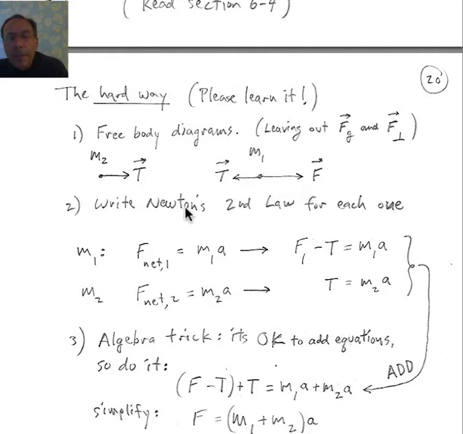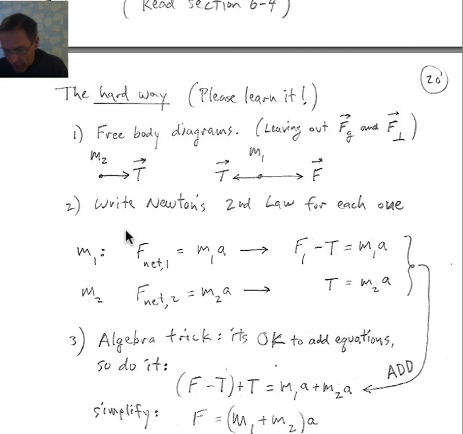All right. So now that we've got this, we're going to apply Newton's second law to each of these things. So looking at mass 1 first. We're going to say the net force acting on mass 1 is going to be the mass times the acceleration, right?